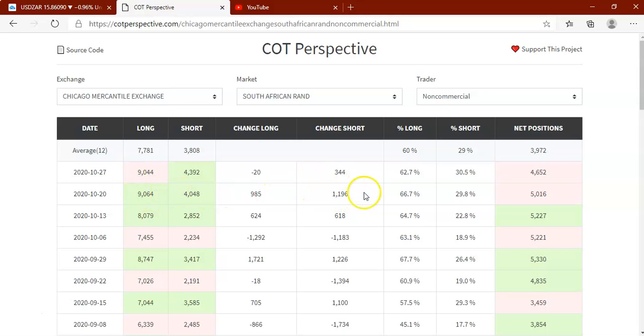So it shows that even though their position is still long, they also wanted to close down and add more sells on USD ZAR.